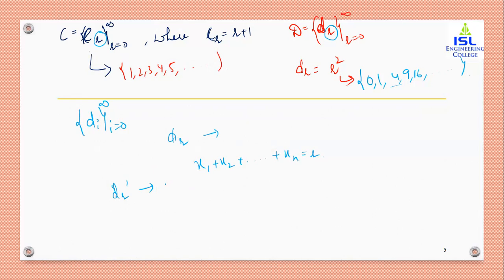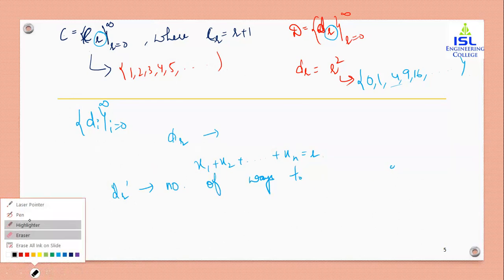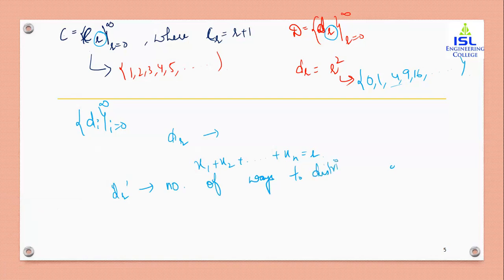So basically, I'll just write this. dr can be written as the number of ways to distribute r indistinguishable balls, that is similar balls, into n distinguishable boxes.